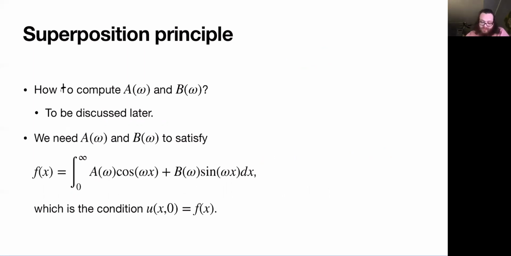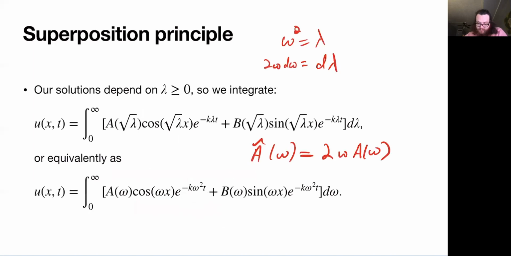Okay. But one observation we can make right away is that whatever these coefficients are, a of omega and b of omega, they need to satisfy this initial condition. So in our PDE, we were given this initial condition where the temperature distribution at time 0 was some function f of x. So if you plug in t equal to 0, you're going to get a 0 there, a 0 there. This is going to be 1.